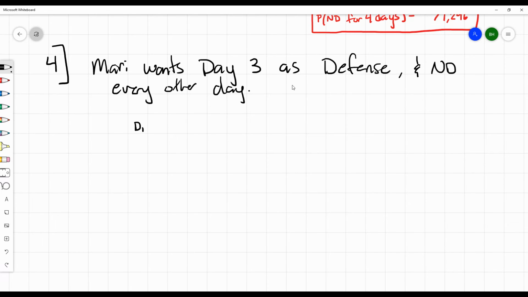So in this problem, another way to look at this is if you list out each day. So day 1, not defense. Day 2, not defense. Day 3, that's when she wants to be the defense. And then day 4, not defense.